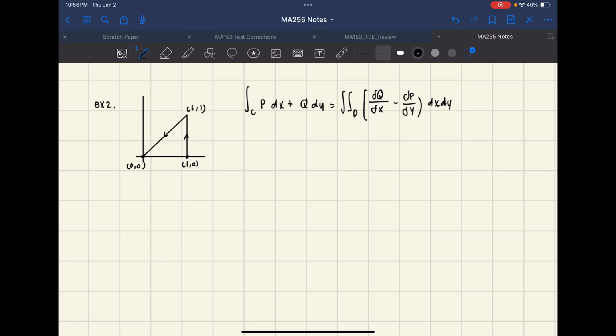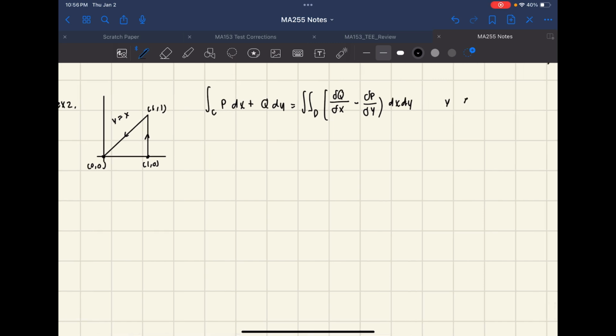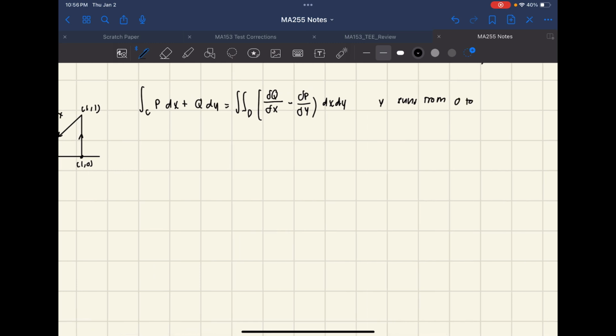And we see here that y runs from 0 to y equals x, and x runs from 0 to 1. So you can go ahead and plug those in. That's how you would set that one up.